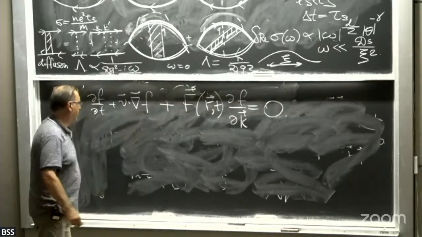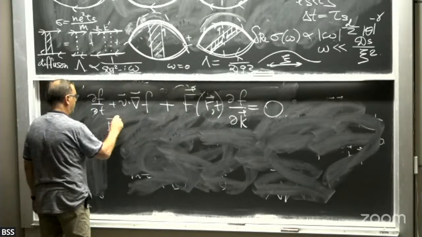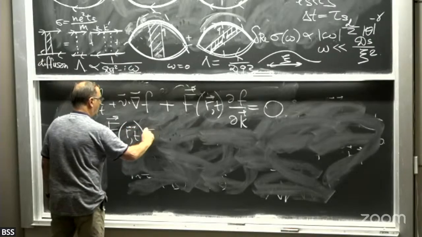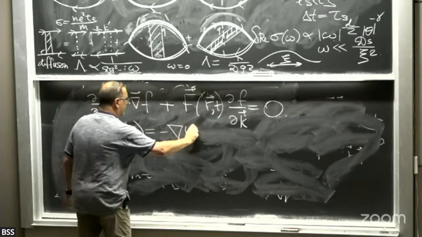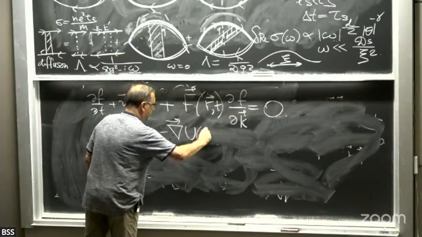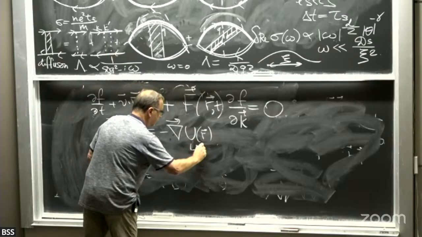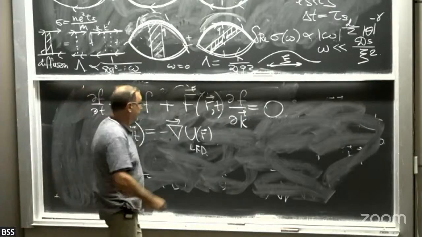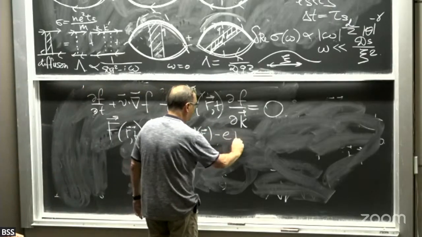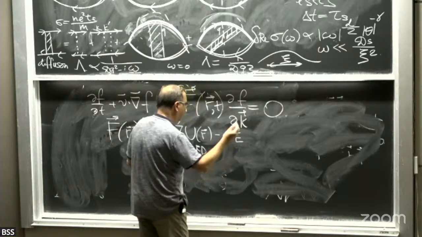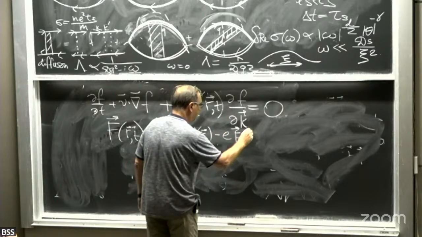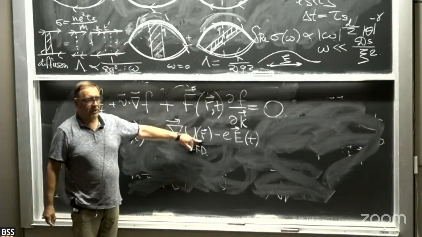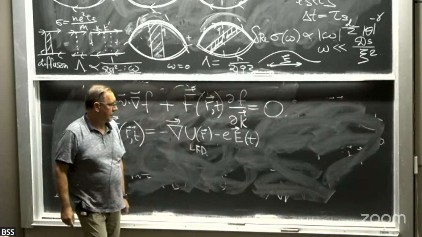So what is this force? Well, now we'll split this force into two parts. One is going to be the force due to long-range disorder. I know it at least for one realization. And the second part is going to be the external electric field, which for the more general case, I can assume to be time-dependent, but all the spatial inhomogeneity is coming from the first term.